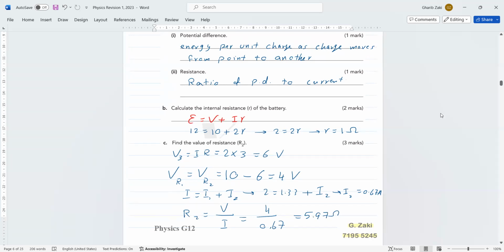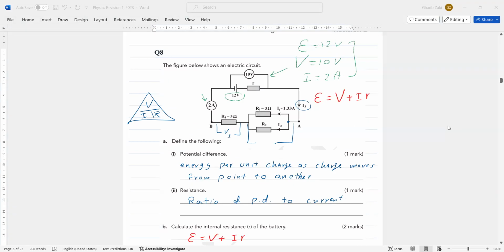Why did we not use 12 volt? 12 volt is the total, it is the EMF. But the terminal voltage is the voltage that we use outside. We know that the EMF is the voltage of the battery when there is no current.